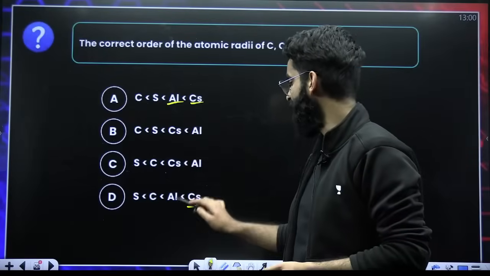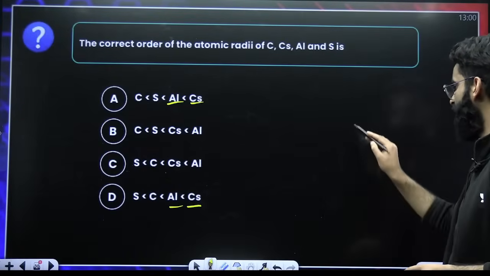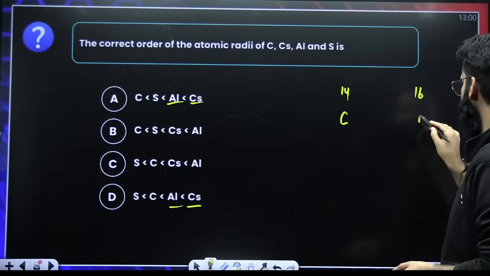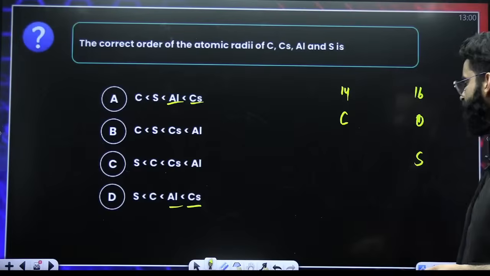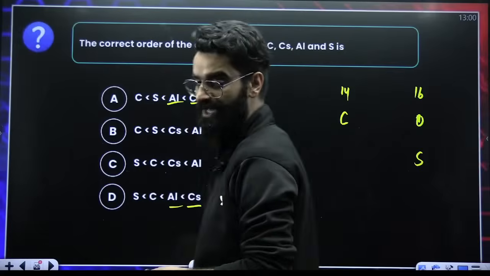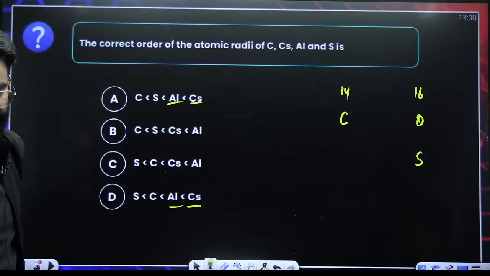Leave aluminum aside. Now sulfur and carbon. Carbon is group 14, group 16 is oxygen, and here you have got sulfur. Now compare. Which one will have more size, carbon or sulfur?